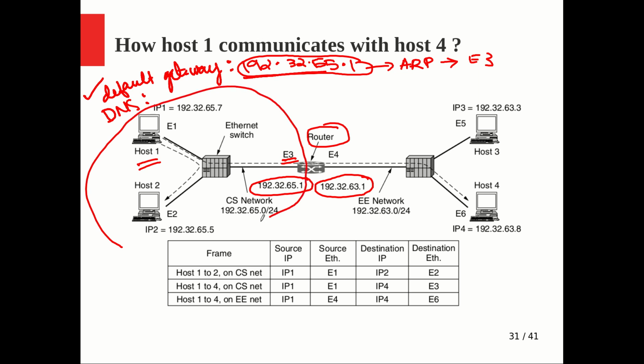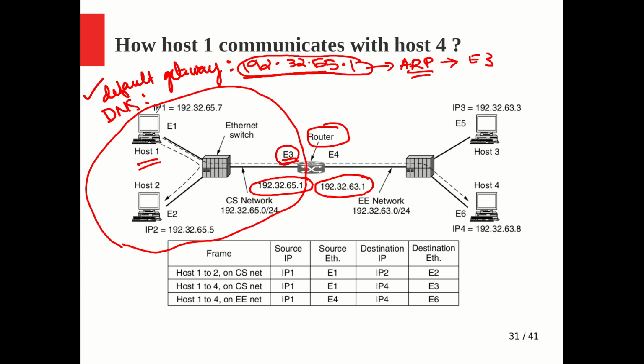All of this is done by the ARP protocol in the background. Once the broadcast ARP request is received at this router, it will understand that this is its interface IP address, so it will give the ARP reply, unicast, with E3 as the corresponding MAC address.